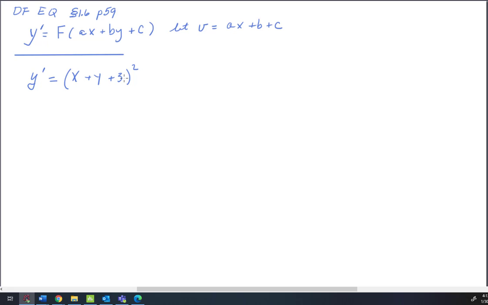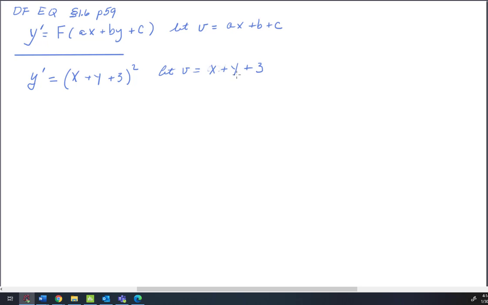In this case the function is square and the coefficients are 1, 1, and 3. Then what we want to do is to let v equal ax plus by. I don't want to do that for the generic, though. I want to do it for the particular because we're going to work on this problem right here. So I'd let v equal x plus y plus 3.